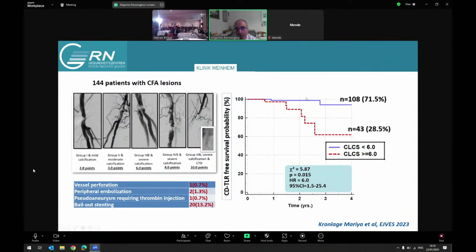So here we have a surgery-like result with less complex calcified lesions. Again, if we take a look at the very severe, very calcified lesions that involve the bifurcation, here perhaps it is an issue. So we have a freedom from TLR of 60% at 3 to 4 years. So here we are not so good as open repair.